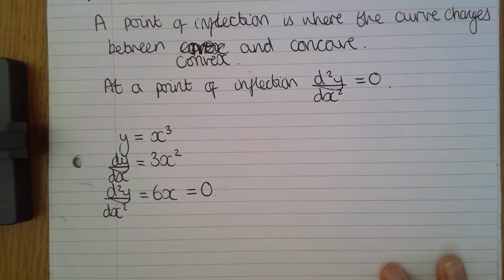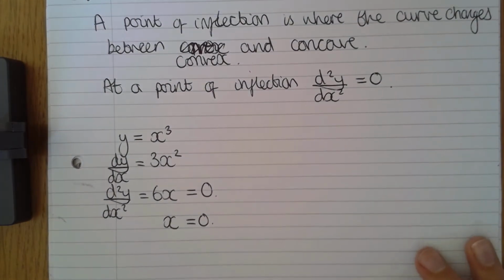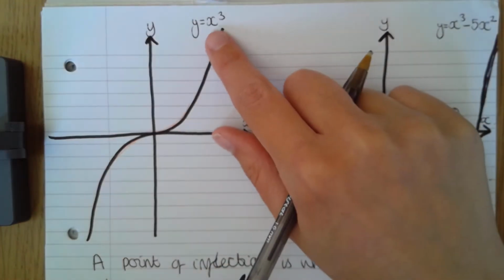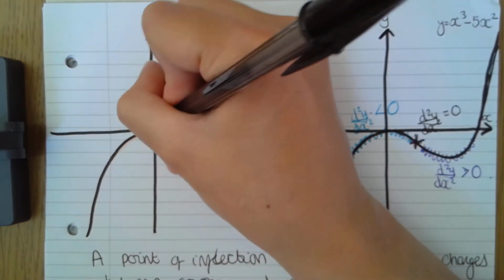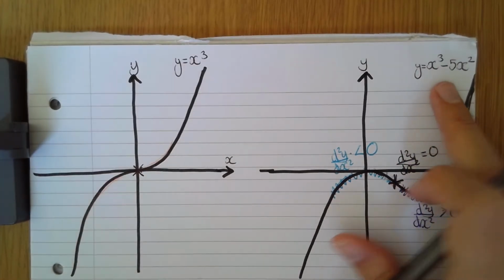Okay, and if I solve for x, I can see that x is equal to 0. Okay, so we know what the graph of y equals x cubed looks like, so we know that that's definitely a point of inflection. Okay, and then we're going to do y equals x cubed take 5x squared.